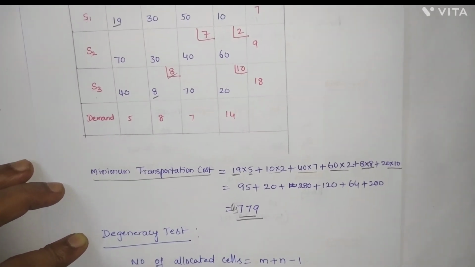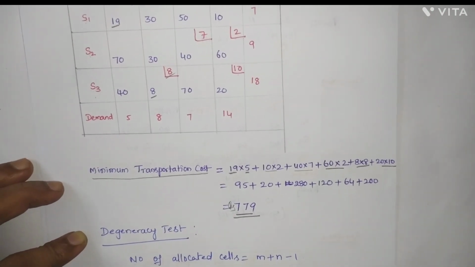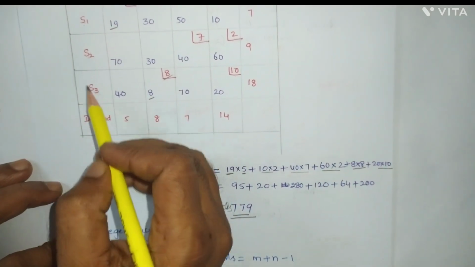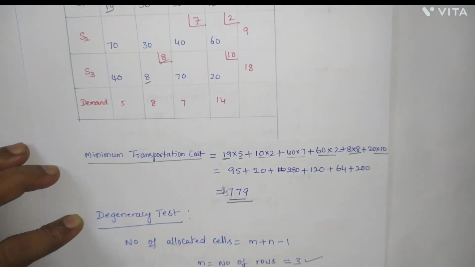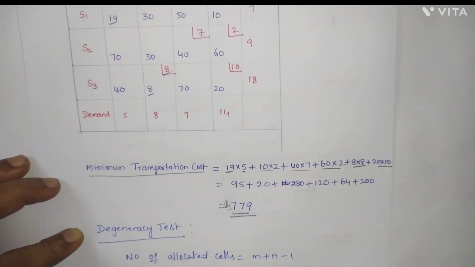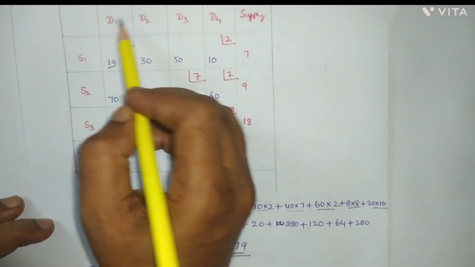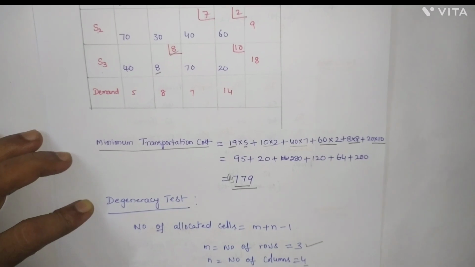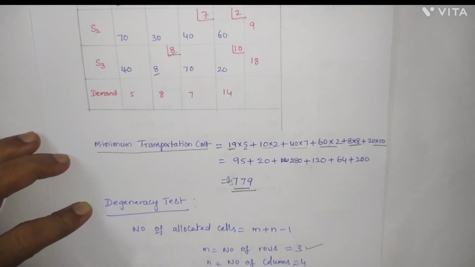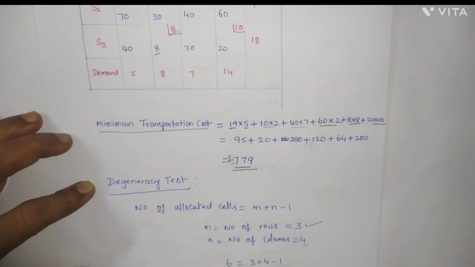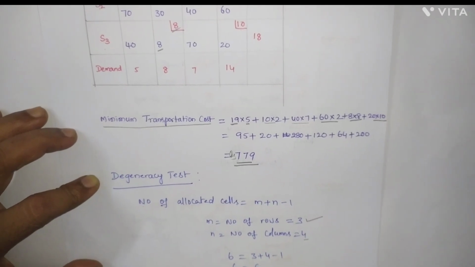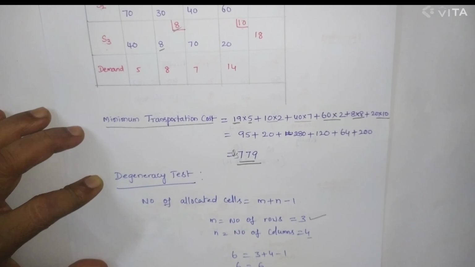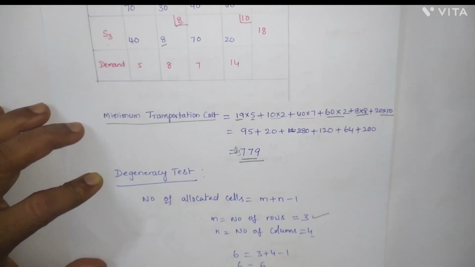M is equal to the number of rows, 3 rows, S1, S2, S3. N equal to the number of columns, 4: D1, D2, D3, D4. 6 is equal to 3 plus 4 minus 1, 6 is equal to 6. So the solution is a non-degeneracy solution.